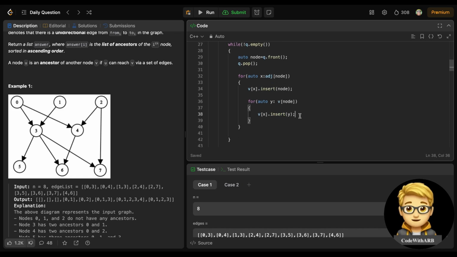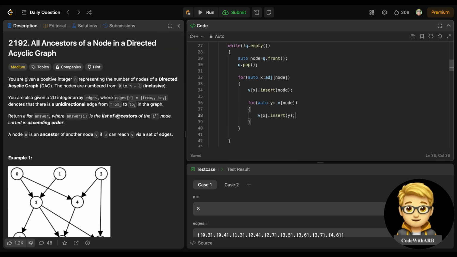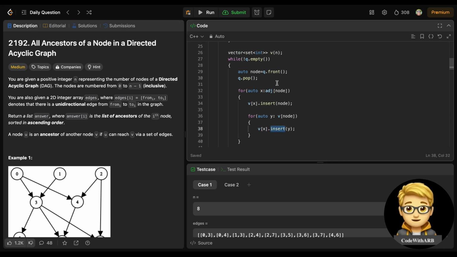And also I need to insert all the ancestors in ascending order, right? So this set will give me all the nodes in ascending order. So there are two benefits of using a set. The first is that it will give me distinct parents, distinct ancestors.